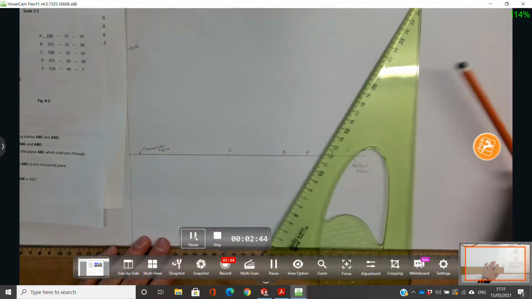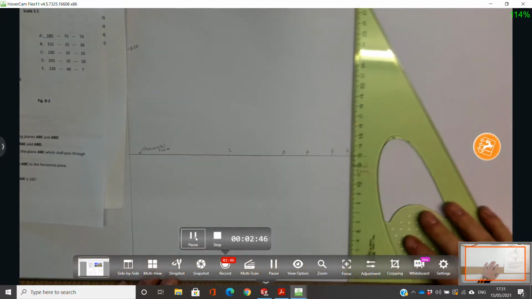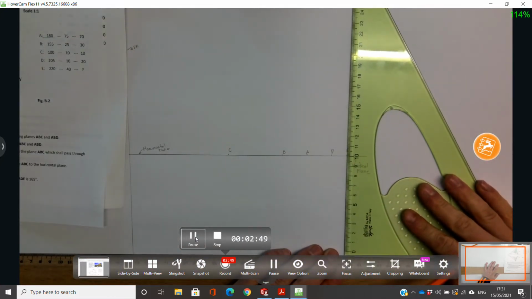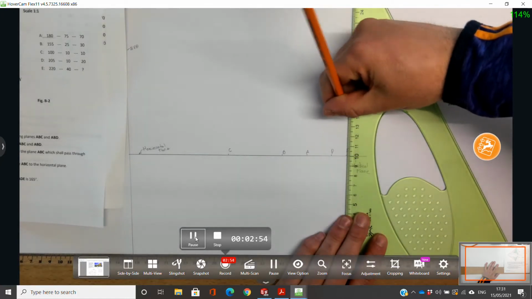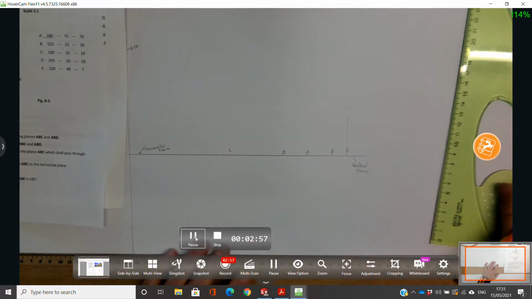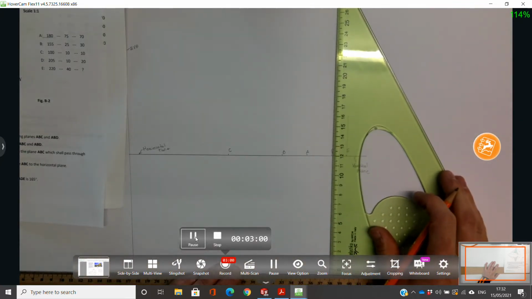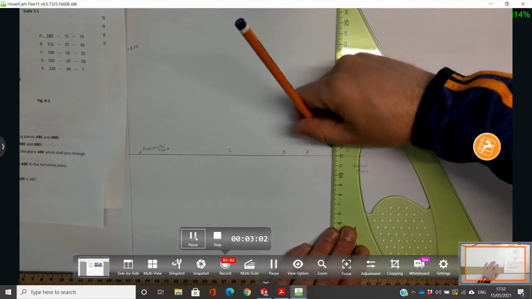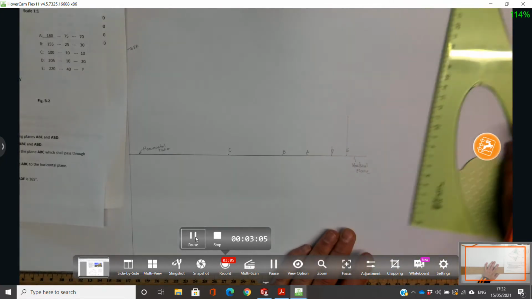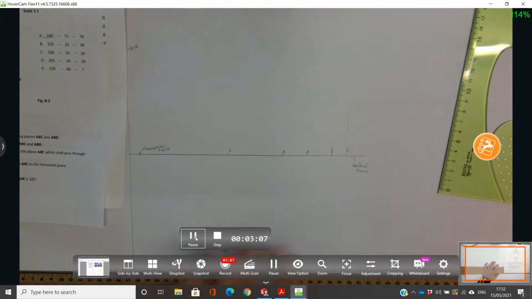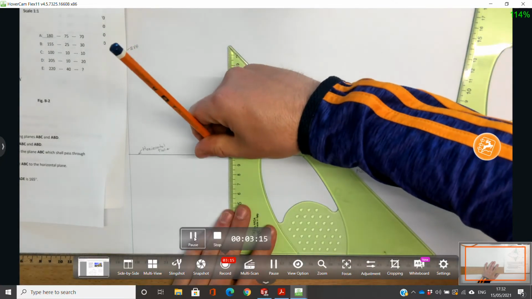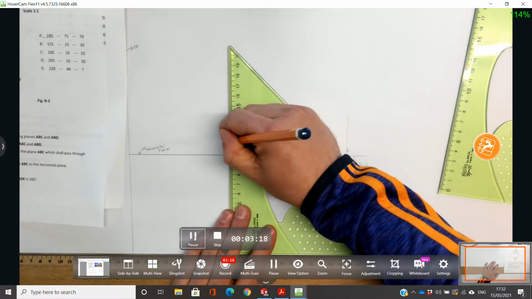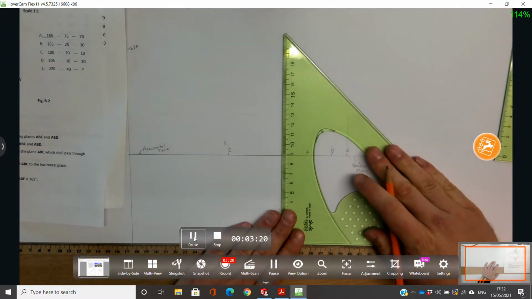Okay, now coordinates going up. E is 40 up. D is 10. So C. Okay, B is 25.